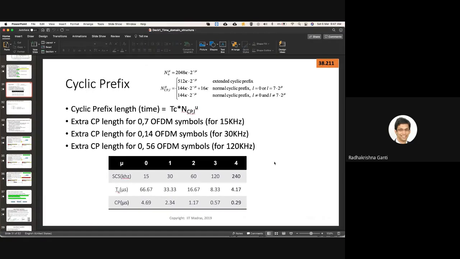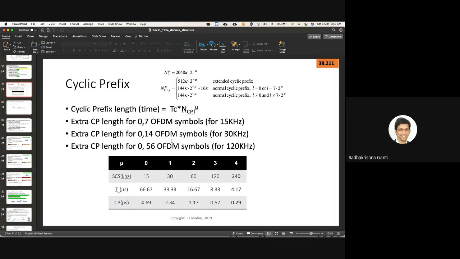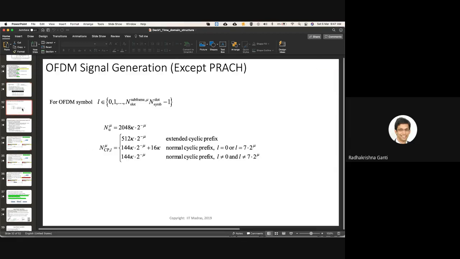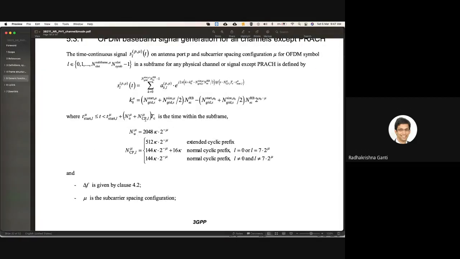I just wrote this formula. This is what I wrote there. It's specified in terms of κ.